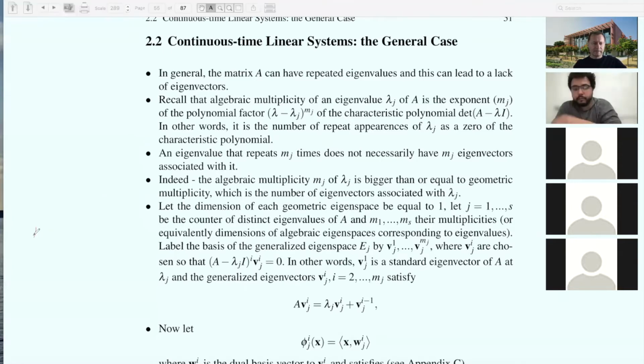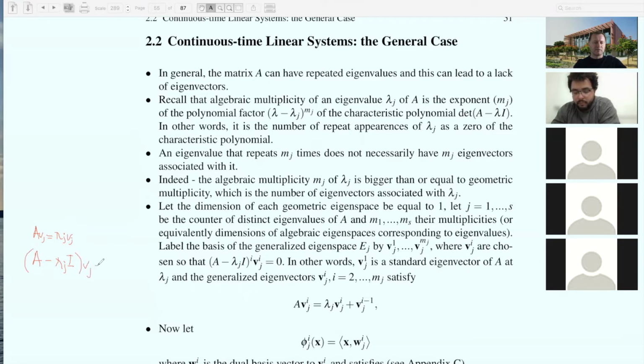So clearly A Vj is equal to lambda j Vj. That's an eigenvalue equation. And so from that, we get (A minus lambda j I) Vj is equal to 0, where I here, capital I, is the n by n identity matrix.